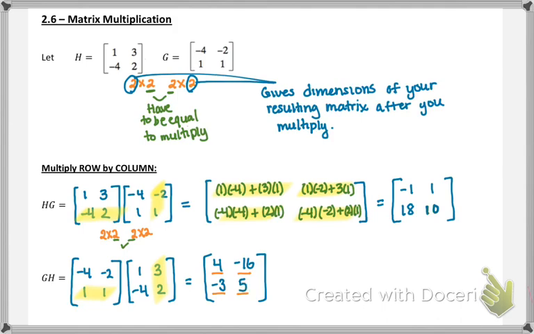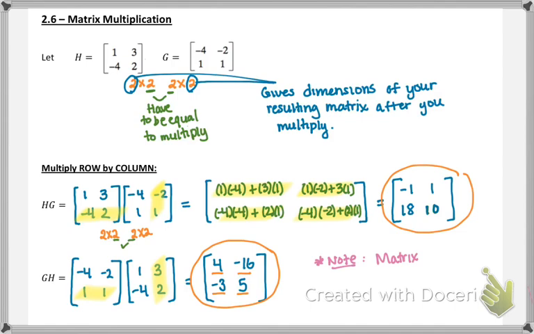So if we take a look at HG versus GH, my resulting matrices are not the same. And so therefore, we can conclude, and it's important to know, that as a note, matrix multiplication is not commutative.